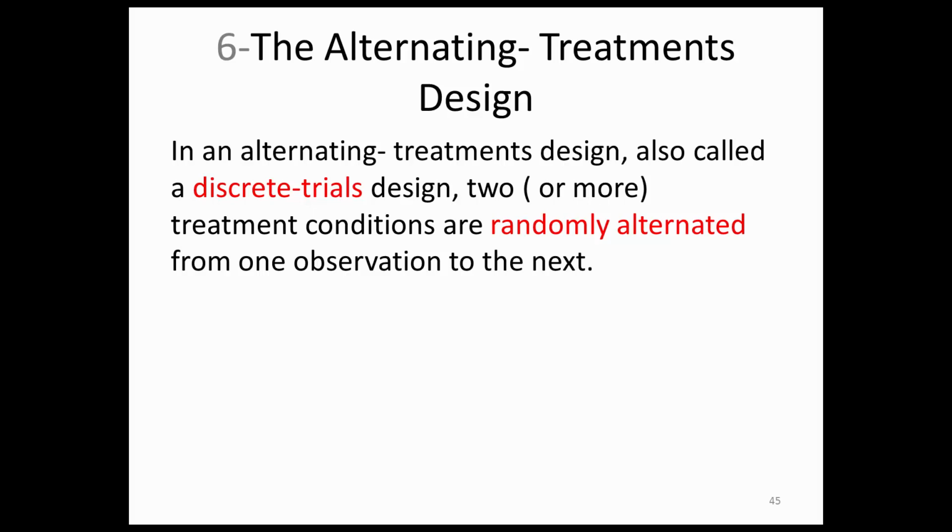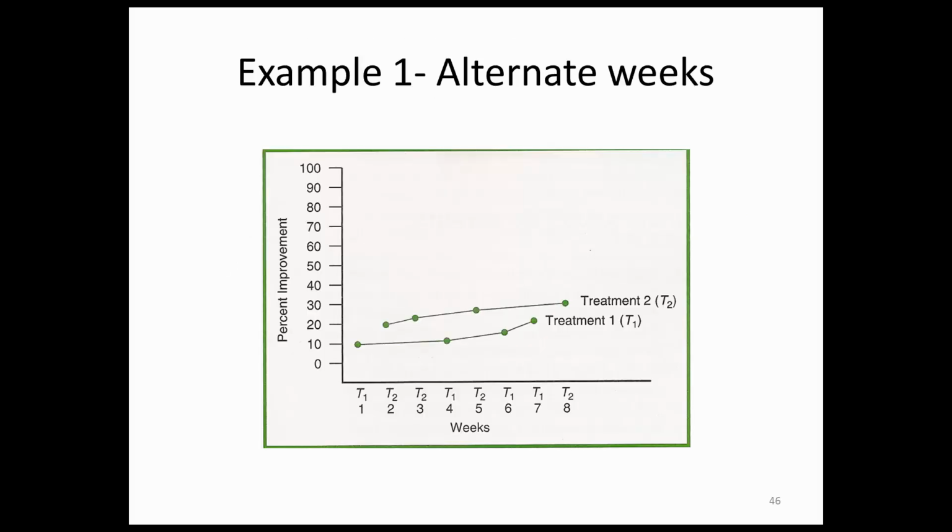And finally, we have the alternating treatment design, which is also called a discrete trial design. Let's see how it works. For example, in this situation, we are using a different treatment every other week. So for the first week, we use treatment 1. The second week, we use the second treatment. The third week we use the second treatment, and week 4 we go back to first treatment, and on week 5 we go to second treatment.